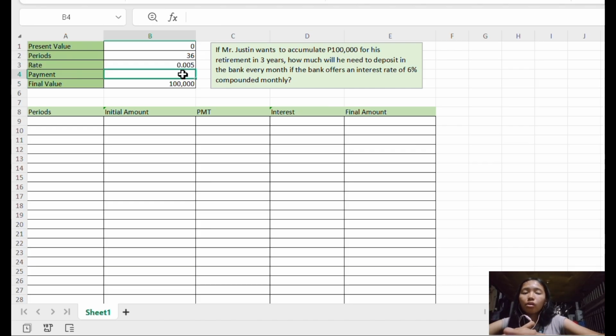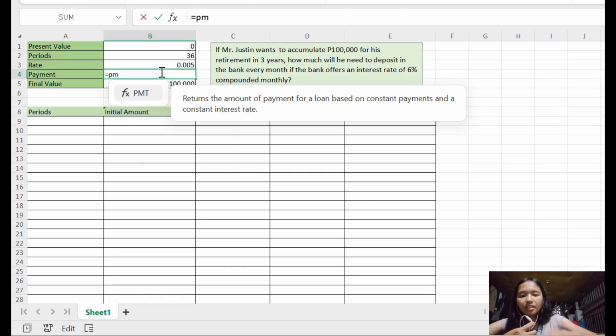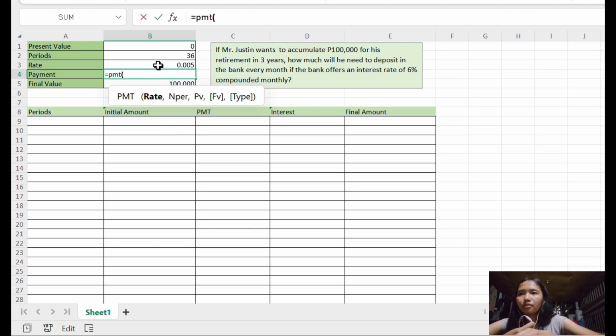Now for the payment, we need to compute the monthly deposit using the PMT function. Let's put an equal sign first, then type PMT and open parenthesis. First we click the rate, comma, then N represents the number of periods, then PV, which is the present value, comma.